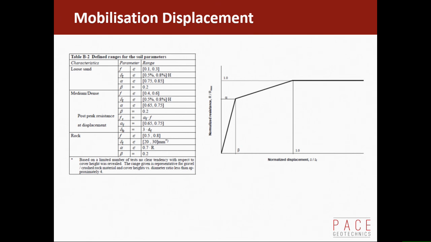And that will be 1.0, in the case of loose sand, 0.5 to 0.8% times the depth of backfill over the crown of the pipeline.